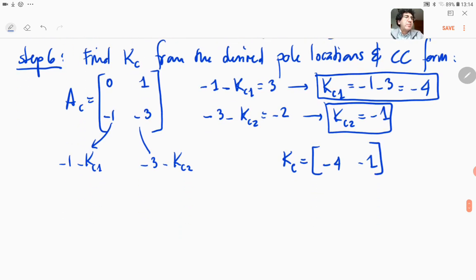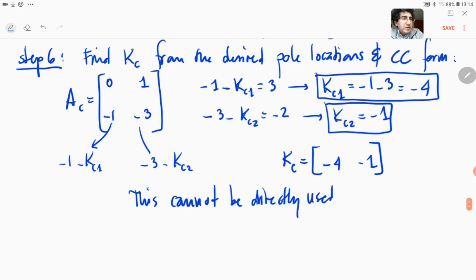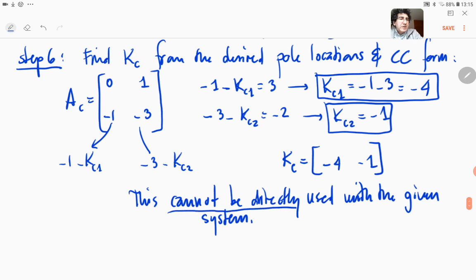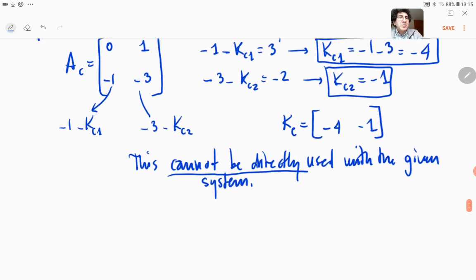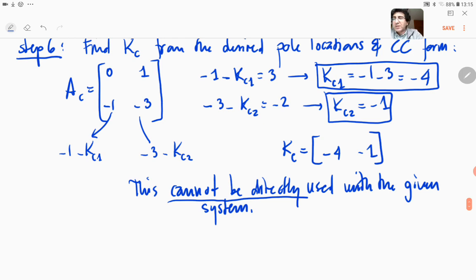But you need to remember that this cannot be directly used with the given system, because it's not in the controllable canonical form. This gain vector needs to be transformed back into the given state definition.